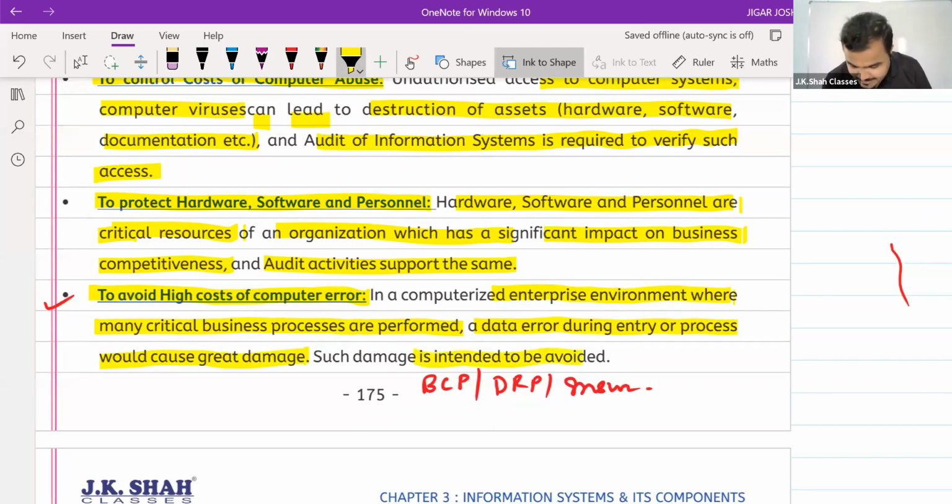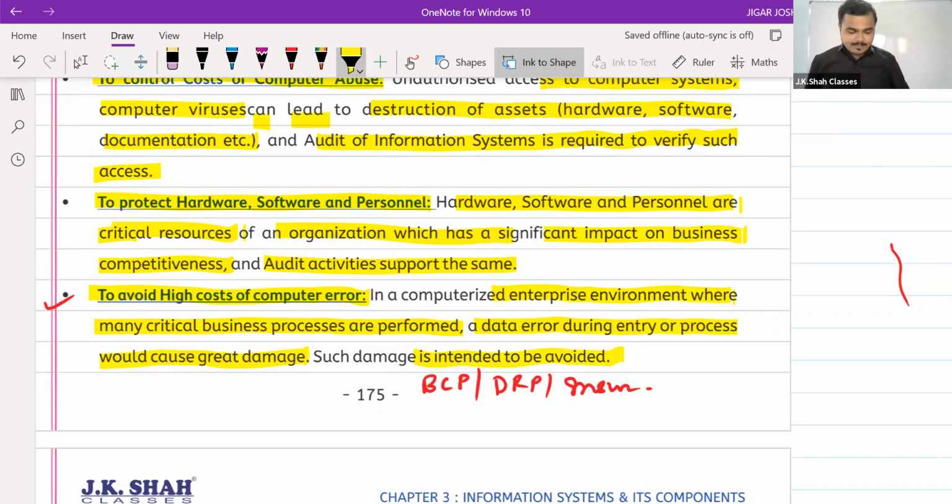Such damage is intended to be avoided. We do not want to make wrong data entries or harm the system or damage the data. For this, one of the most important things we need is internal audit and internal controls. Am I clear to all my dear chartered? Say yes or no.